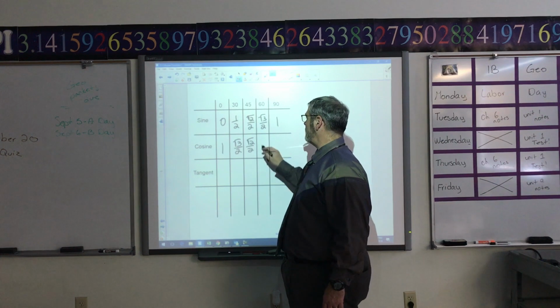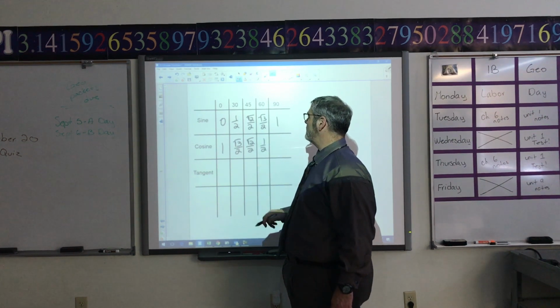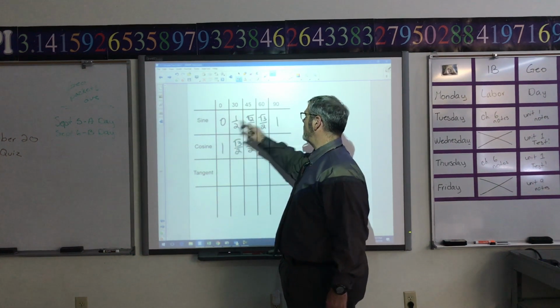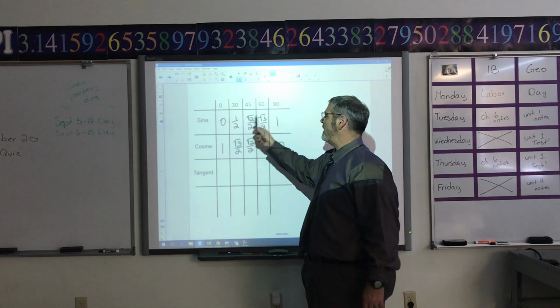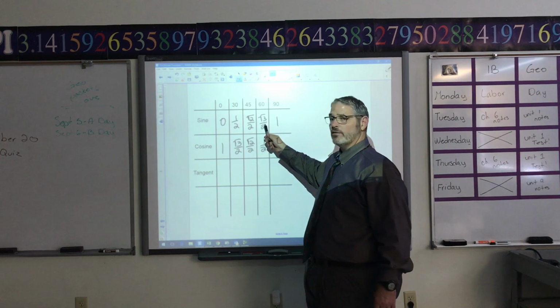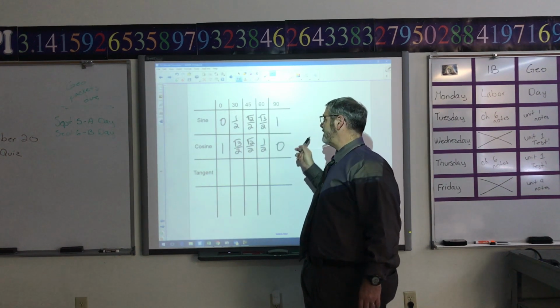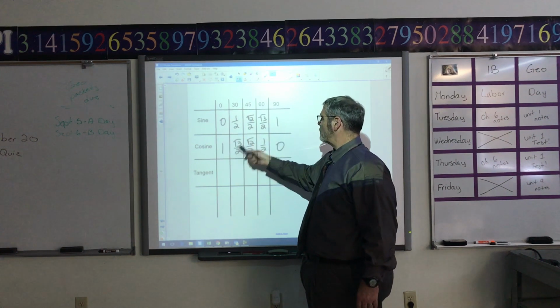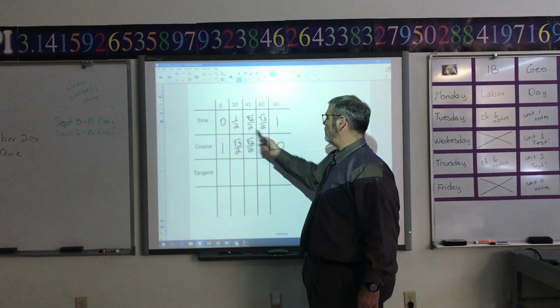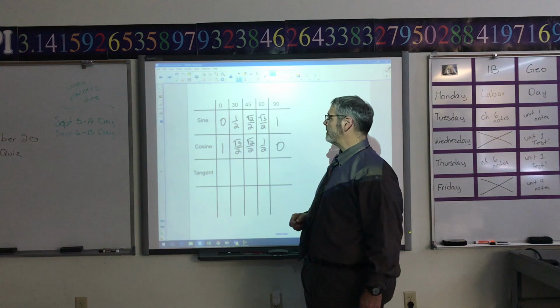The cosine of 60 is 1/2, and obviously the cosine of 90 is going to be 0. So you see it's 0, 1/2, square root of 2 over 2, square root of 3 over 2, 1, and it's the same thing going in the opposite direction: 1, square root of 3 over 2, square root of 2 over 2, 1/2, and 0.